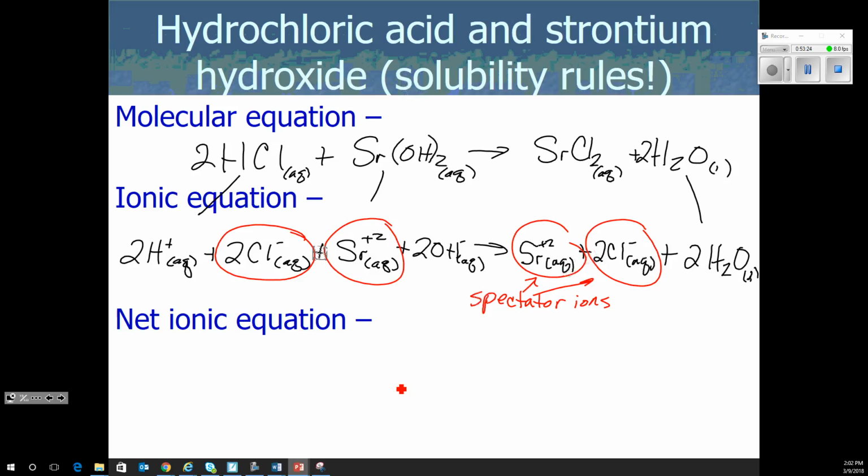Now we're going to write our net ionic equation, which brings everything else down. So we would have 2H+ aq plus 2OH- aq gives 2H2O liquid. But this is not the right answer. What do I need to do?